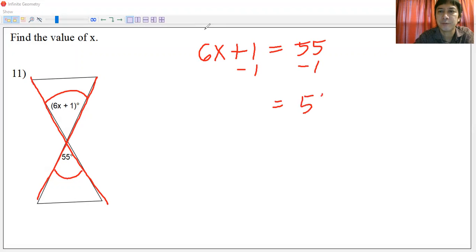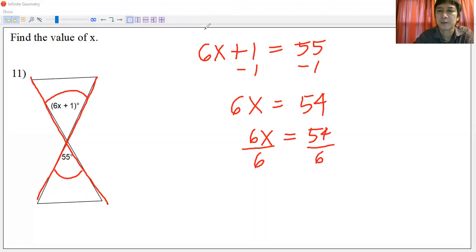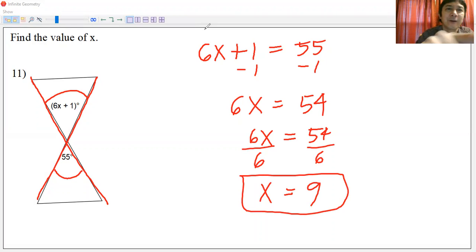This is 54 equals 6x. Okay, the 1 and the negative 1 is 0. And so at this point, we have 6x equals 54. Divide both sides by 6. X gives 9. There. All right. Next, we verify the answer over there. All right. It's right there. 9. Okay. All right. Let's continue with number 12.